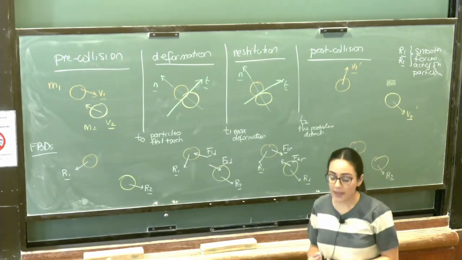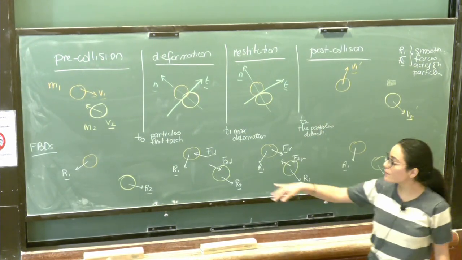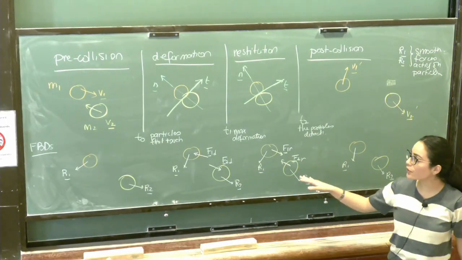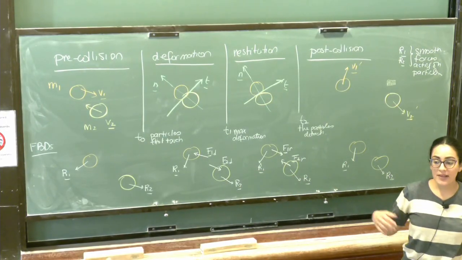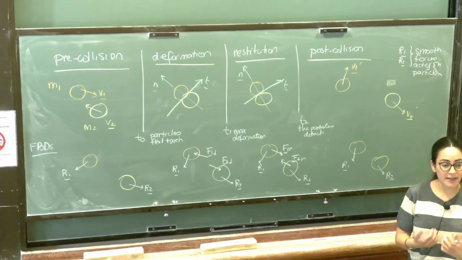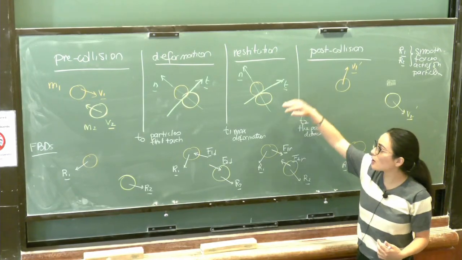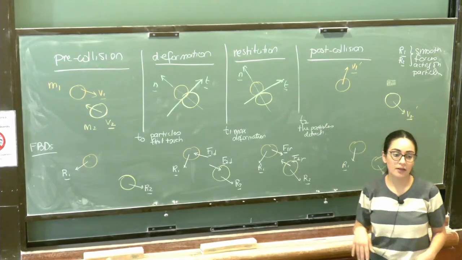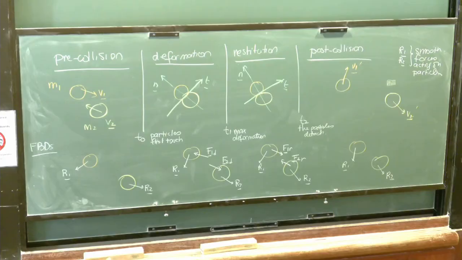Okay? Another assumption I'm going to make is that all the deformation and restitution forces are going to be along the normal. So the impact, in other words, is frictionless. So there are no deformation or restitution forces along T. They're all going to be along N. So that's an assumption I'm going to make too. Frictionless.